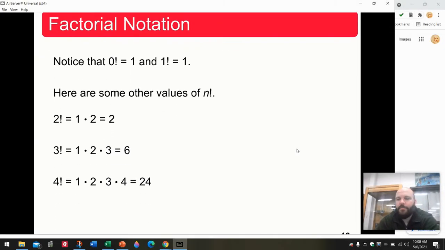So here are some values of n factorial, just as an example of how this works. 2 factorial is equivalent to 1 times 2. 3 factorial is 1 times 2 times 3. And 4 factorial is 1 times 2 times 3 times 4. So you can see that these numbers will get very large very quickly because of the nature of what a factorial is.